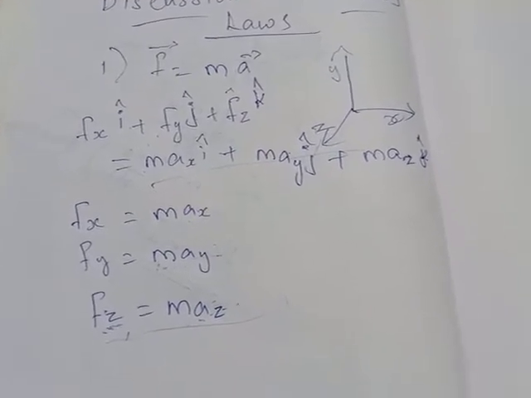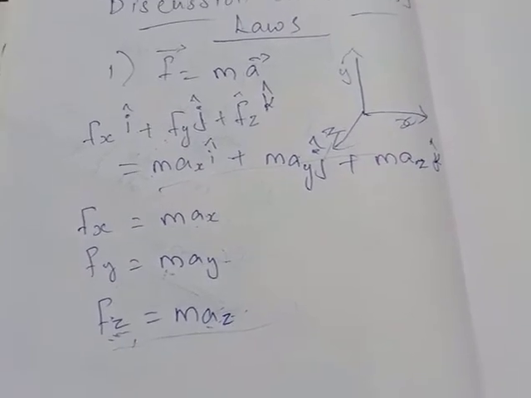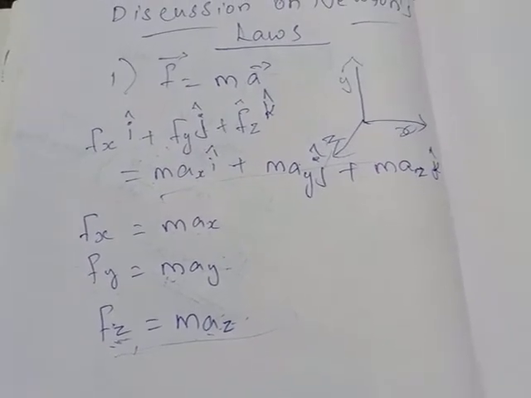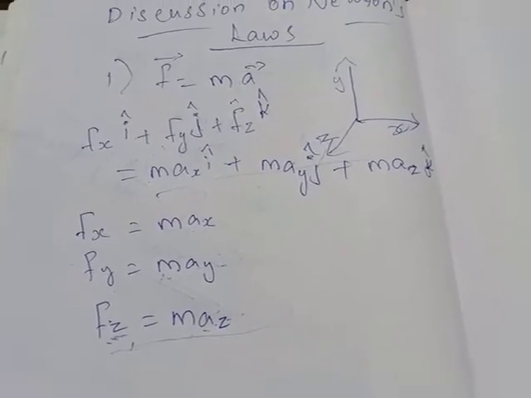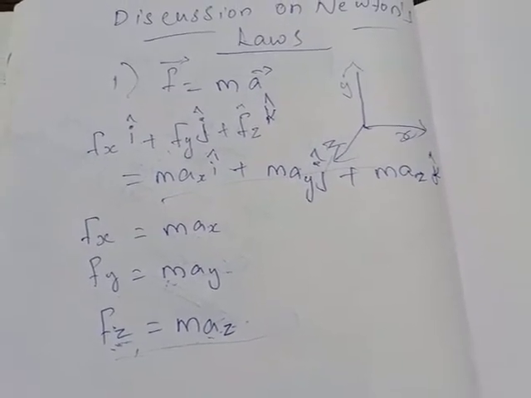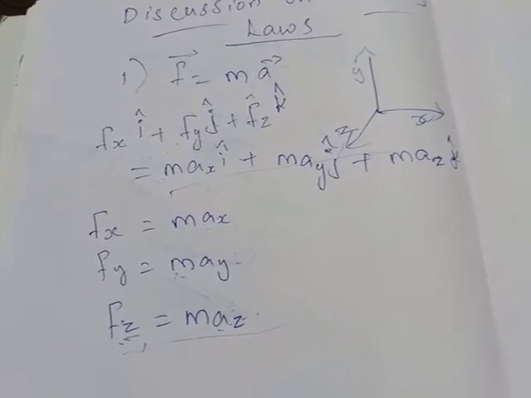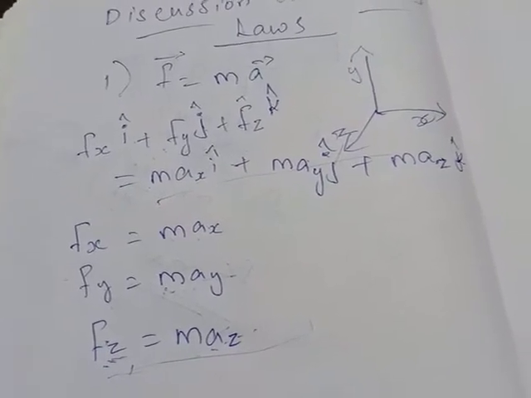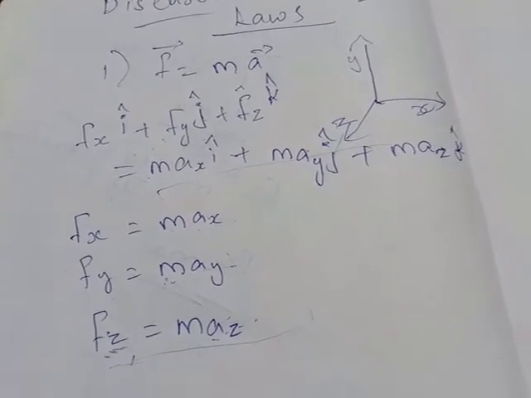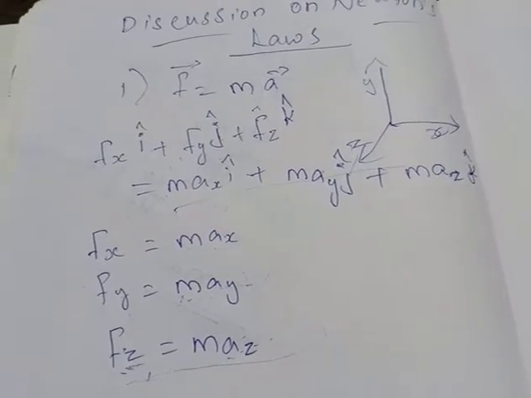So you can write this equation in a Cartesian coordinate system as Fx i plus Fy j plus Fz k unit vector equals m ax i plus m ay j plus m az k unit vector. Comparing the left and right sides, we get Fx equals m ax, Fy equals m ay and Fz equals m az.